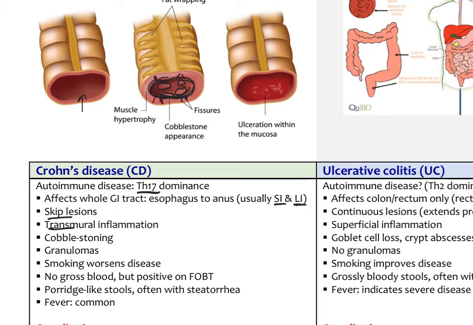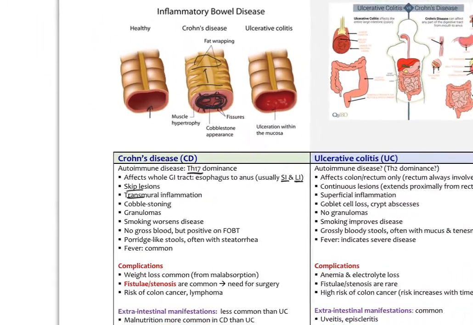And over time, it can become narrowed, and that can actually result in obstruction. And again, this can all be inflamed up to here maybe, and then a normal area, and then inflammation again here, and so forth. That's what they mean by skip lesions. We'll see in ulcerative colitis, it's really ulceration within the mucosa only. So you don't get that thickening, you don't get as much scarring as you do in Crohn's.